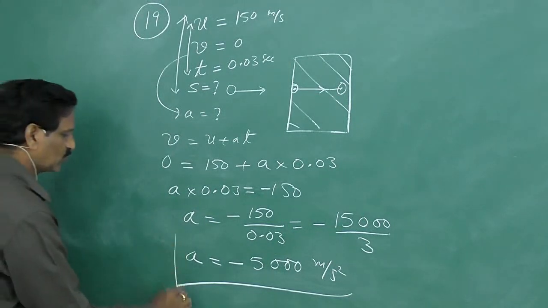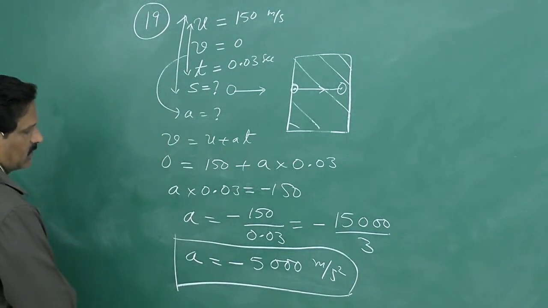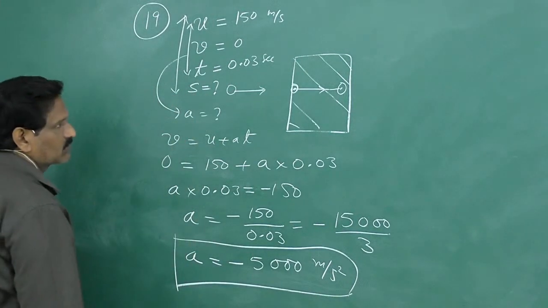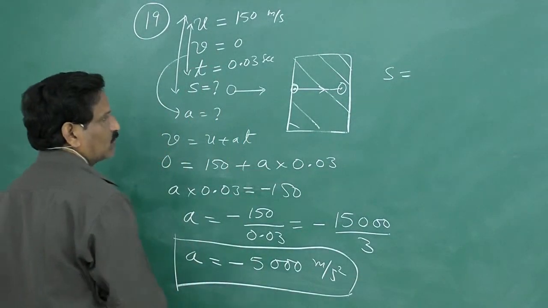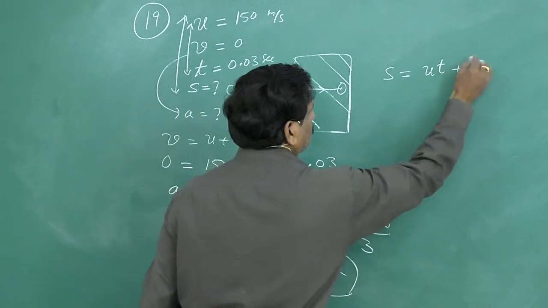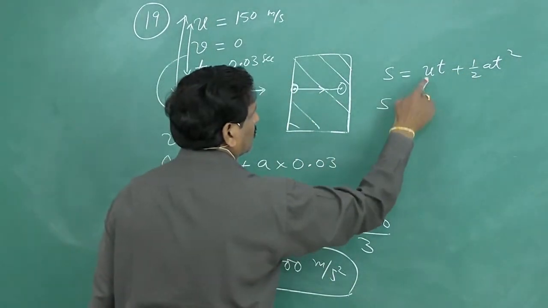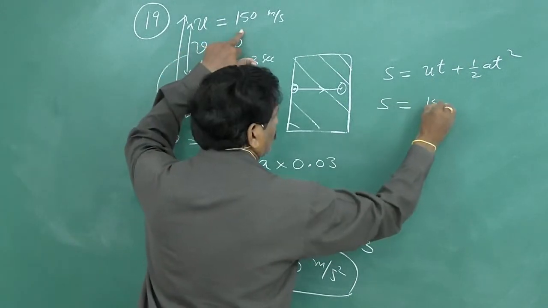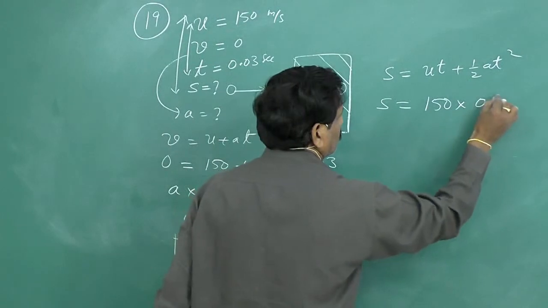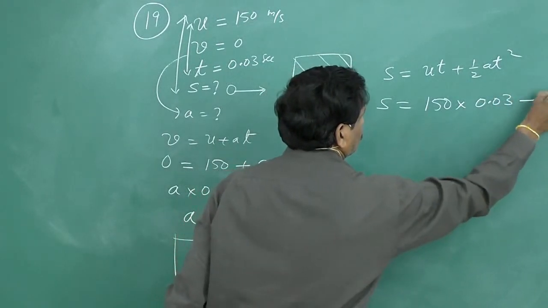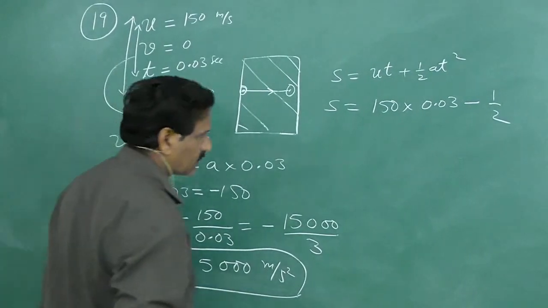Once you know the acceleration, you can calculate S also. S is the distance of penetration, so you can use the formula S is equal to ut plus half at square. So S is equal to, here U is 150, 150 into the time of penetration 0.03, minus half, because A is negative here, this is retardation.